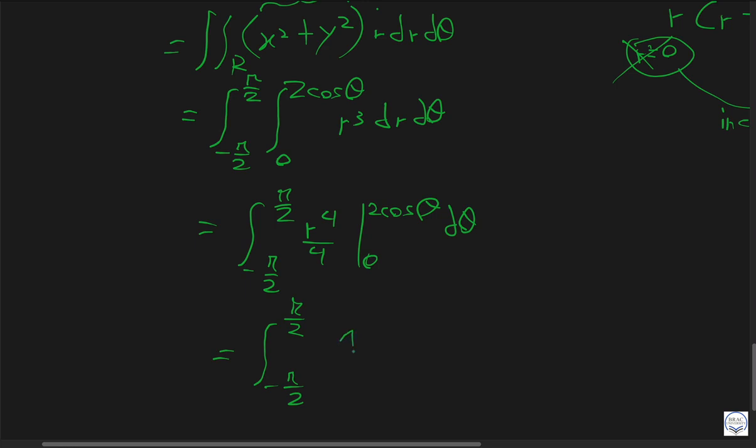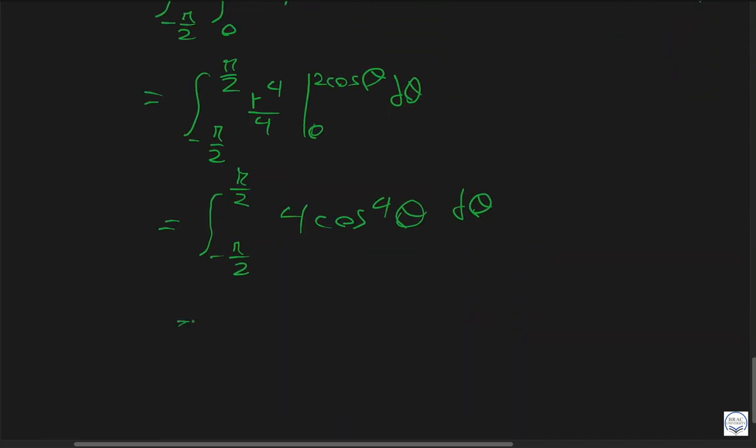So now we have 2 to the power 4, which is 16. 16 divided by 4 is 4. So we have 4 cos to the power 4 theta d theta.